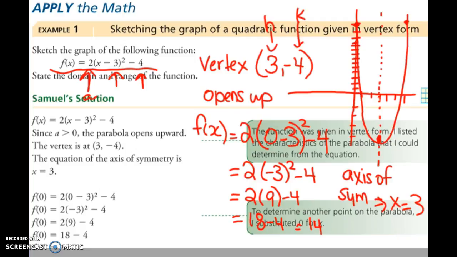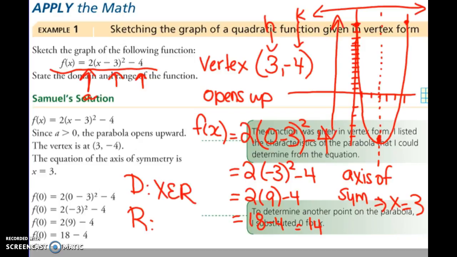The last thing we need to do is talk about the domain and range. Remember, the domain is looking at all our x values from left to right. So we don't know where there is an endpoint for this graph. So our domain is going to be x is all real numbers. And our range is when we look from bottom to top.